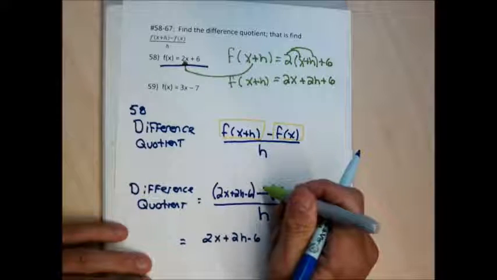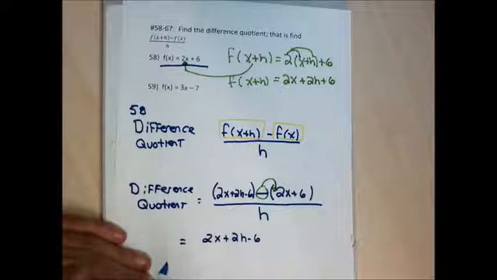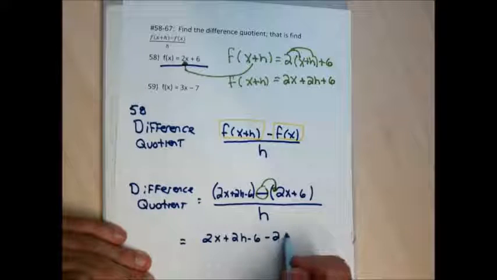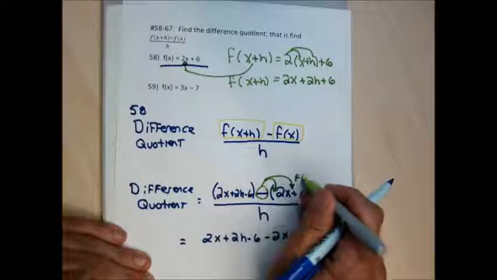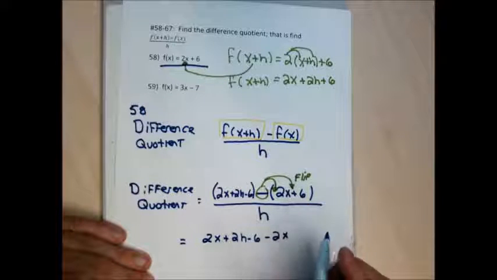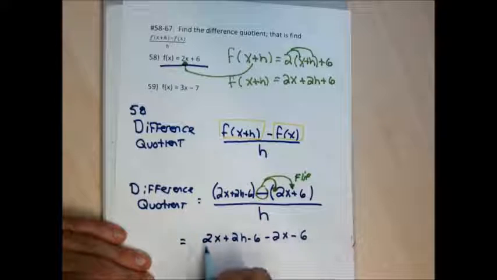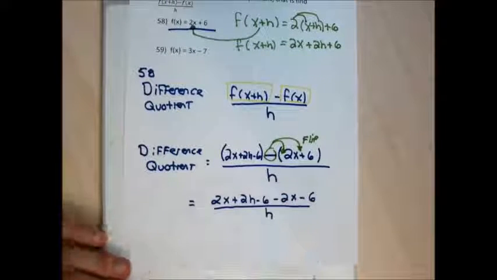The second parentheses, because there's a minus in front of it, the minus is going to attach to go in front of that 2x and give me a minus 2x. And it's going to flip the sign in front of the 6. When you have a negative in front of a parentheses, that negative causes any signs deep in the parentheses to flip.